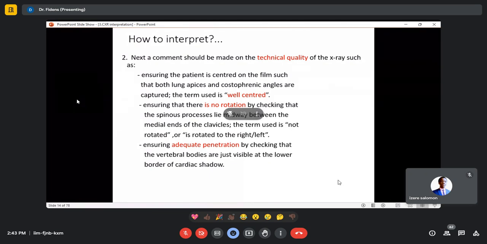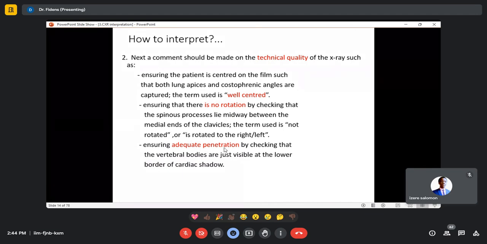Number two is now technical quality. That one you know. I will not repeat because I talked about centering, that's number one, or collimation. I talked about symmetry, or no rotation. I talked about penetration.